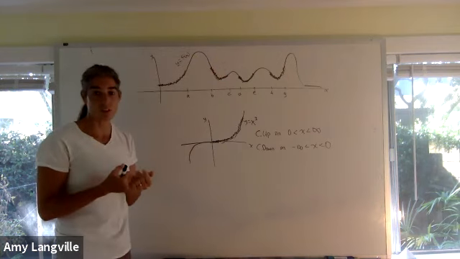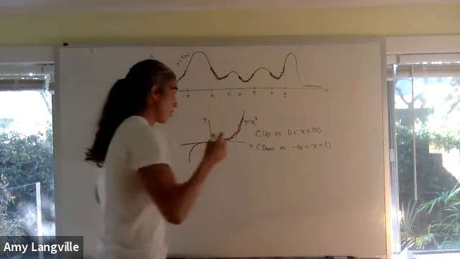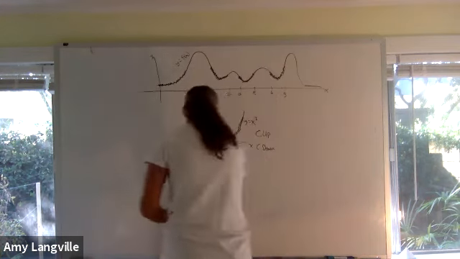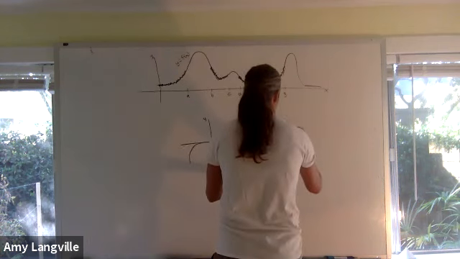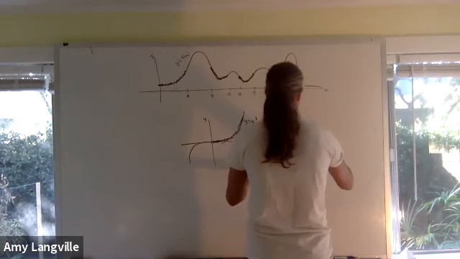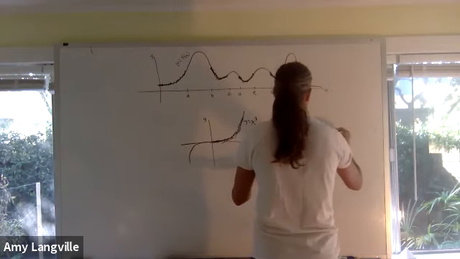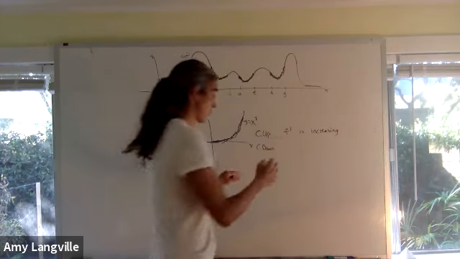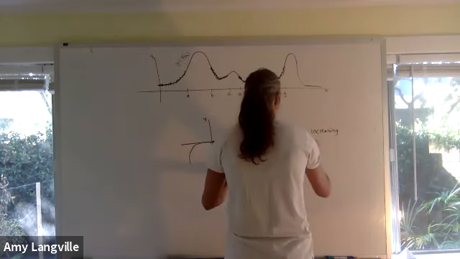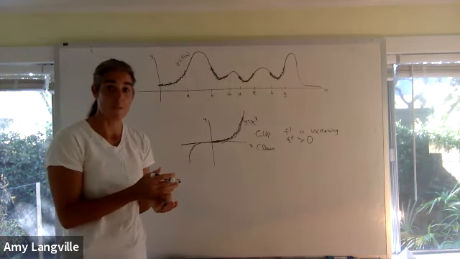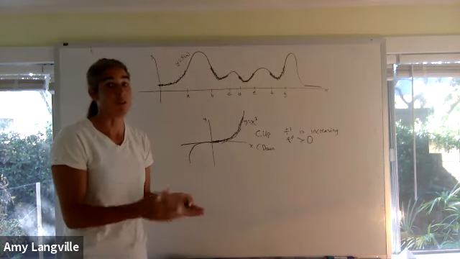So we can actually say that it's always the case when you're concave up, that your f prime is increasing. Which is another way of saying that your second derivative is greater than 0. If your first derivative is increasing, that means its derivative must be positive.